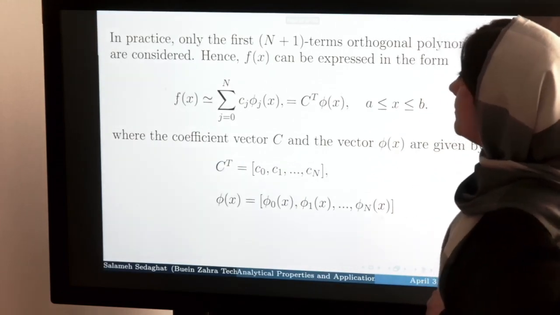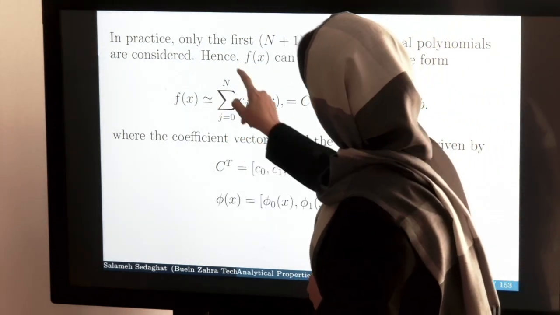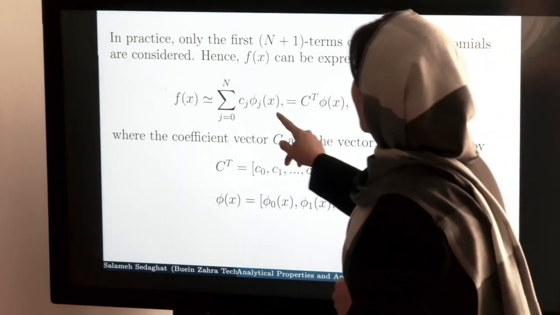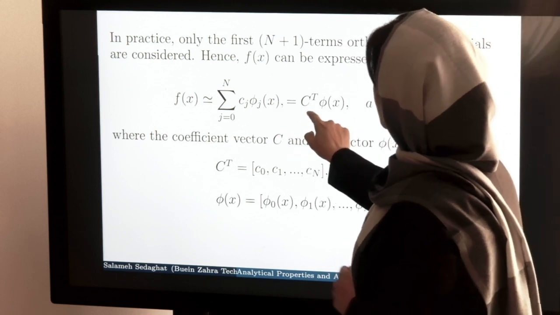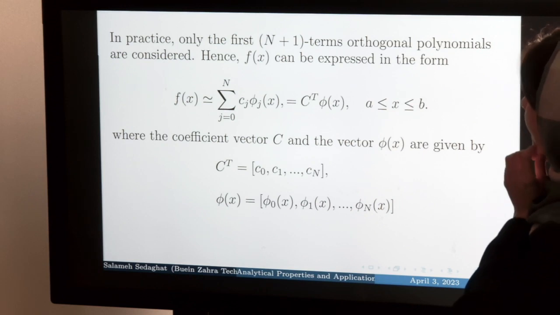Okay, in practice we use only n plus 1 terms of orthogonal polynomials, and we can write this series as C transpose times phi of x.